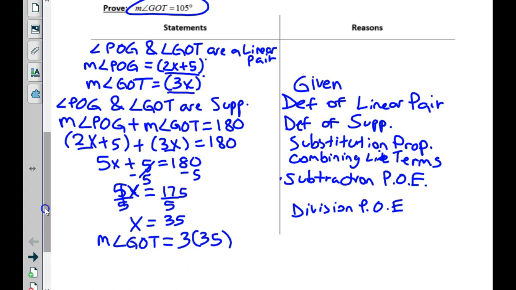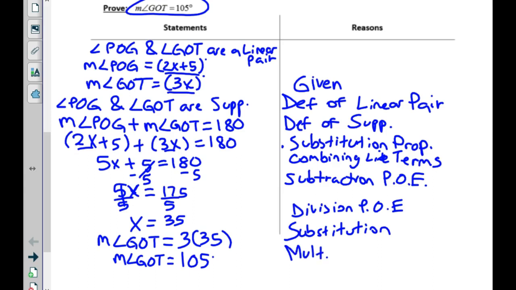So what do we call it when we replace? Substitution. Or sorry, up here, substitution. Last step, 3 times 35 is 105 degrees. That is multiplication property of equality. I'll give you a minute to get that down.